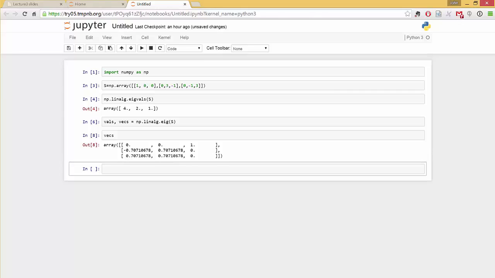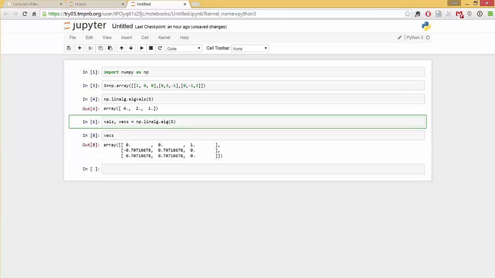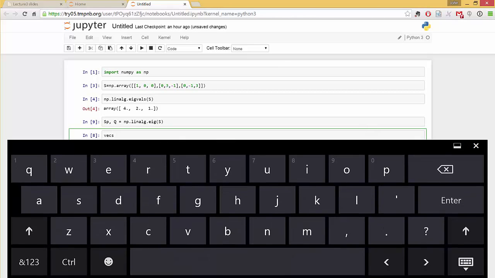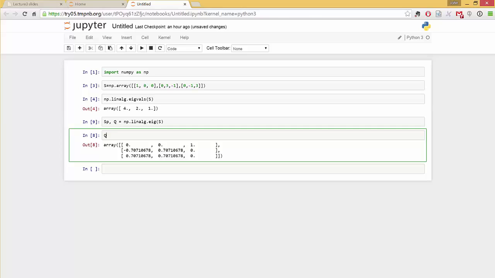Okay. So, to use the notation that's consistent with what I've been using, let's call my values SS, and then we'll call this S prime, SP for S prime, and Q is my vectors. Okay, so let's see what happens if I take Q, and we know it's unitary, so we can just take its transpose.